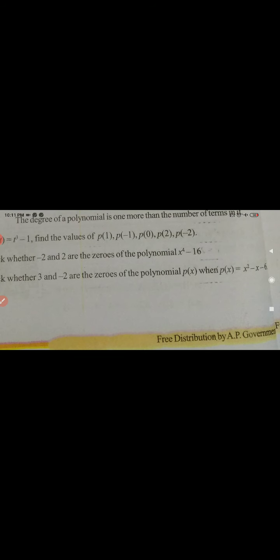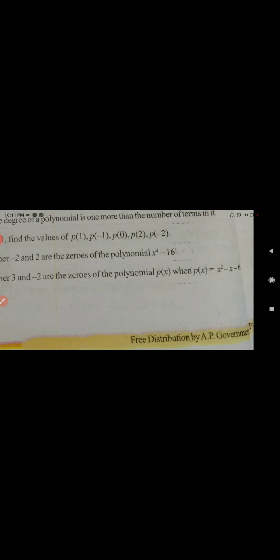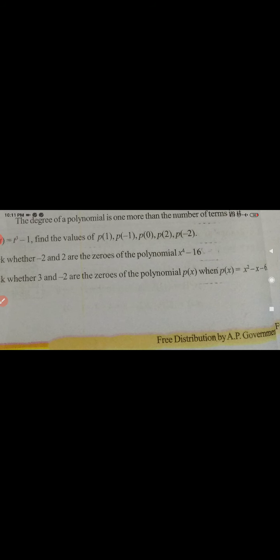Okay. Now the fifth question. What is given in the fifth question? 3 and minus 2 are zeros of the polynomial P of x is equal to x square minus x minus 6. So very simple. Yes. Now P of x is equal to x square minus x minus 6.